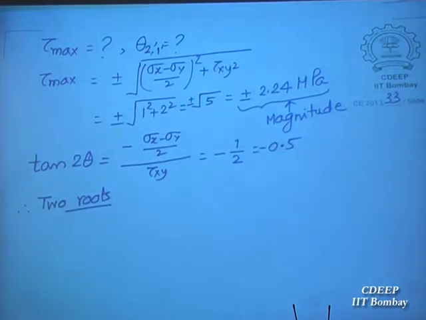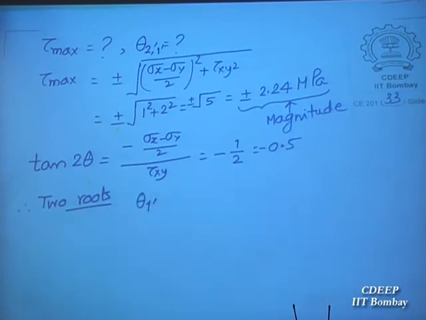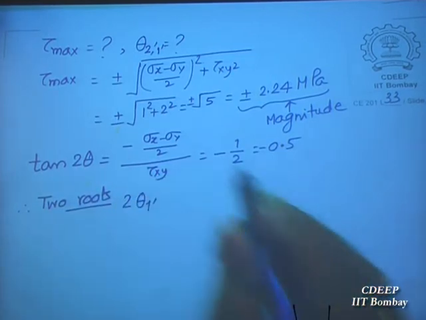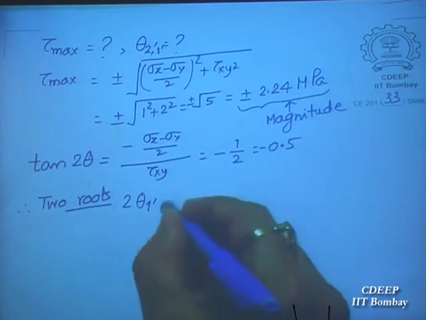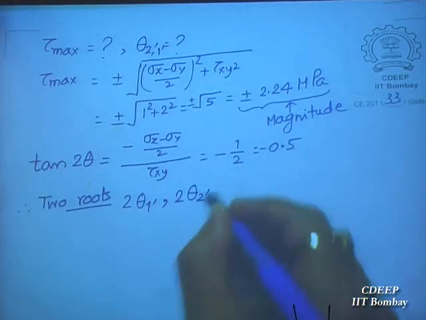For maximum shear directions, here you call them 1 dash and 2 dash. So please call them the two roots, 2 theta 1 dash and 2 theta 2 dash. What are these values?